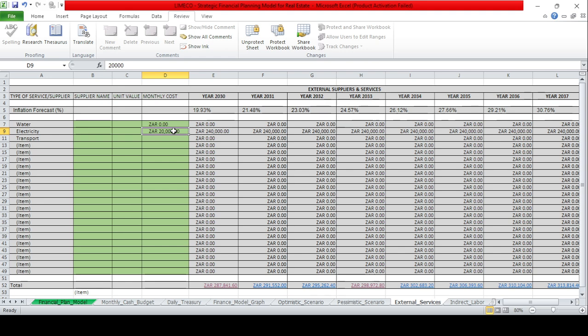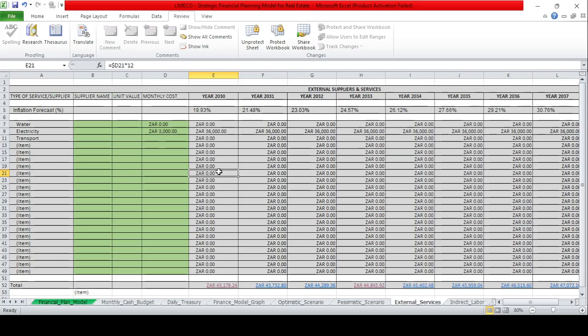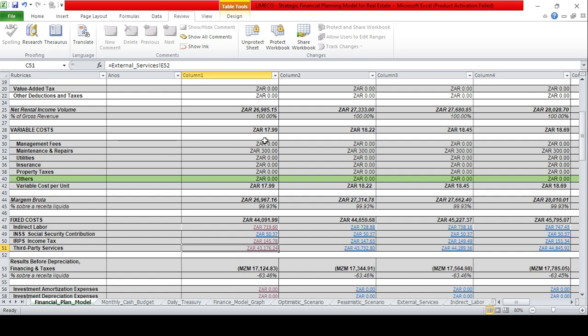Okay, 20 equals 20. Okay. We can put 3,000 rands. Then it will go here.